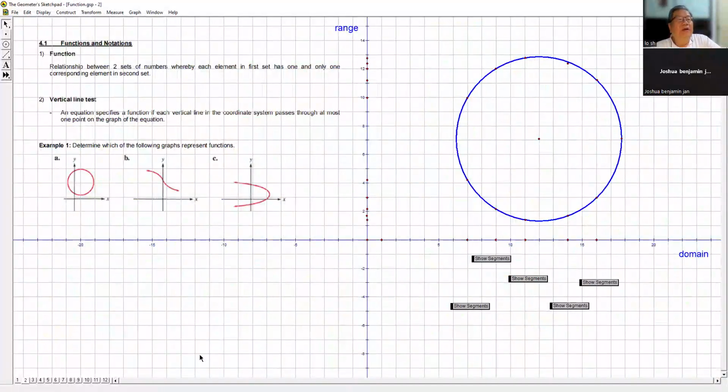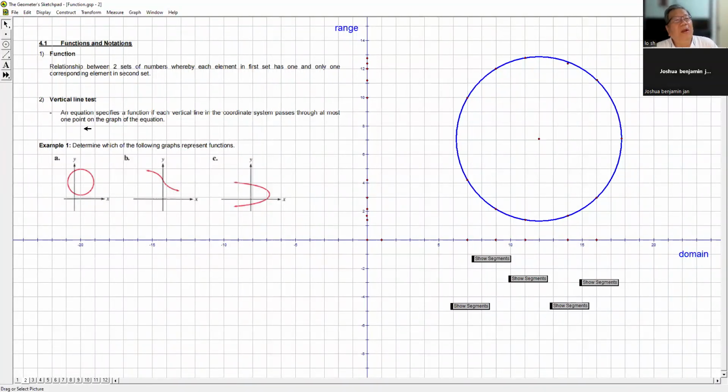Okay. Second one, vertical line test. An equation specifies a function if each vertical line in the coordinate system passes through at most one point on the graph of the equation. What does this mean?